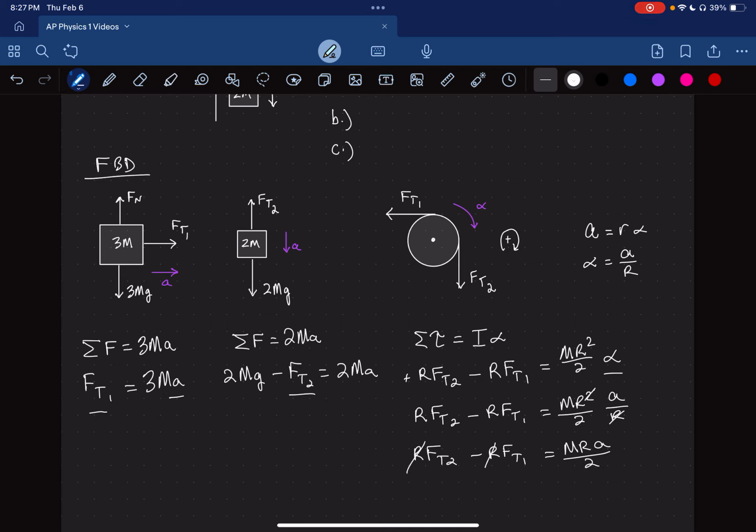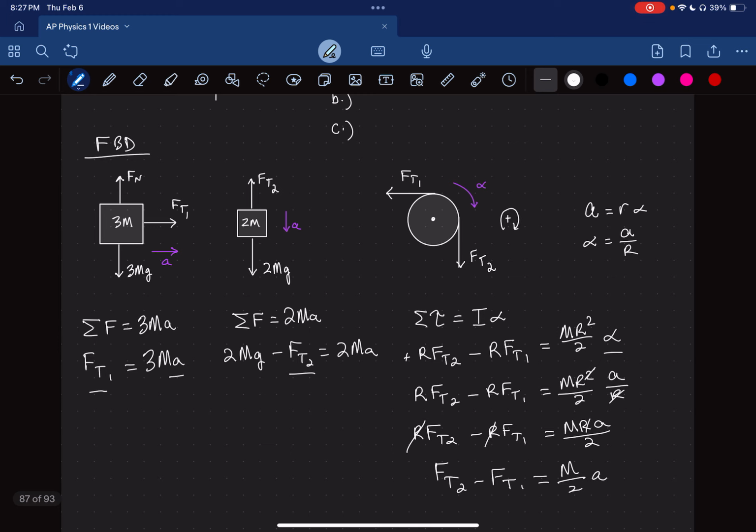We can still cancel another R. So this is FT2 minus FT1 equals m over 2 times a, or ma over 2. Okay. It's the same thing. Let's make it nice and neat. Okay, cool.